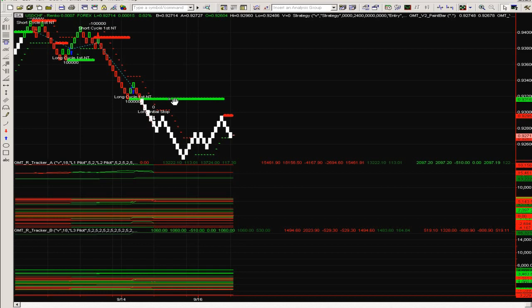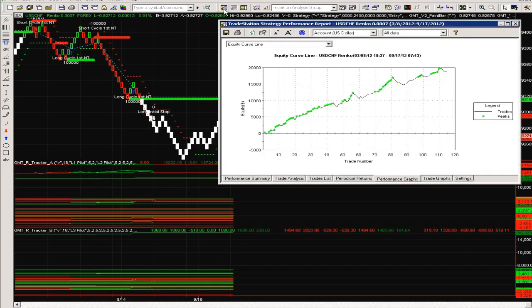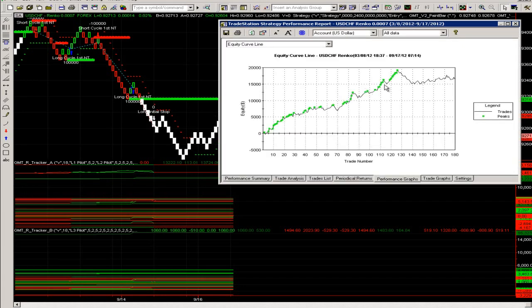What happened to system number 58? Does anybody remember what happened that caused it to have a bit of a drawdown on its performance? We'll bring the performance chart up. Everybody should remember what happened in this period here. We spoke about it last week.